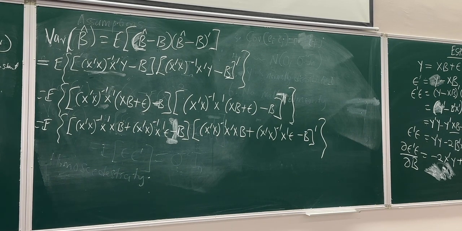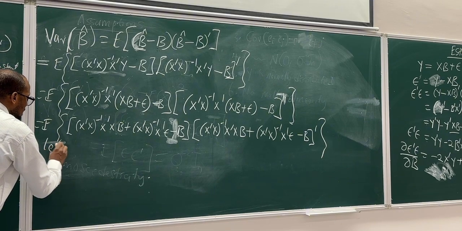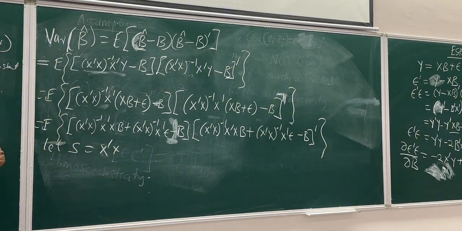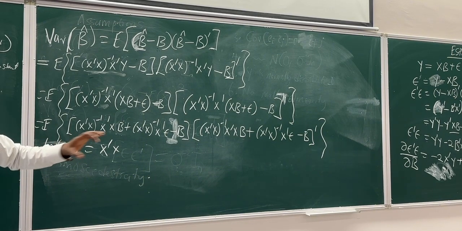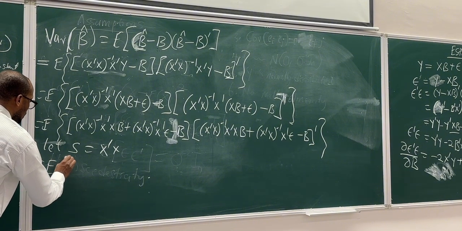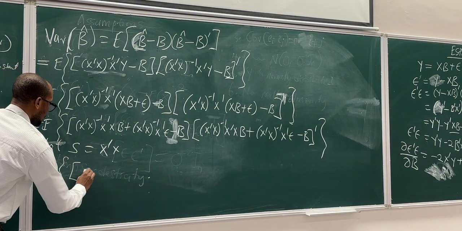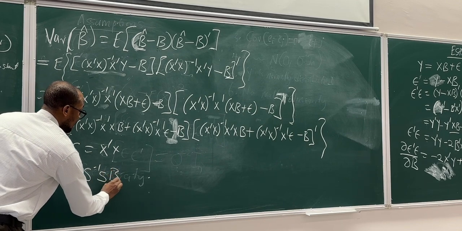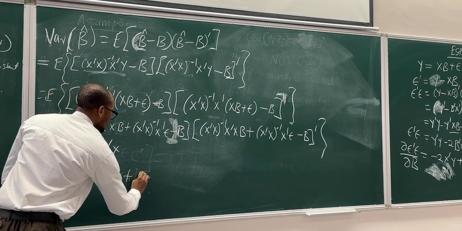Now here let x equal to x prime x. This is a definition. Just choose x to be x prime x, so that this stuff becomes manageable. So here we're going to write x will be equal to what? X inverse times x beta plus what?